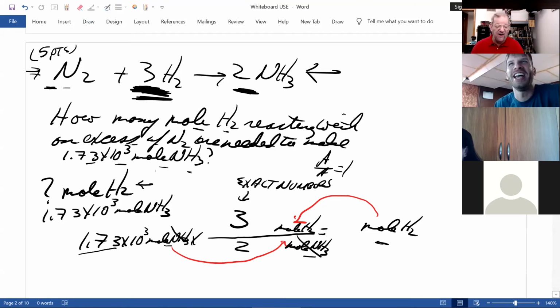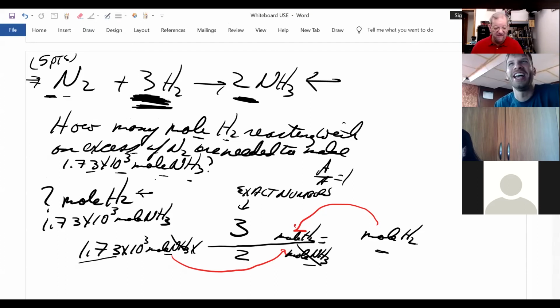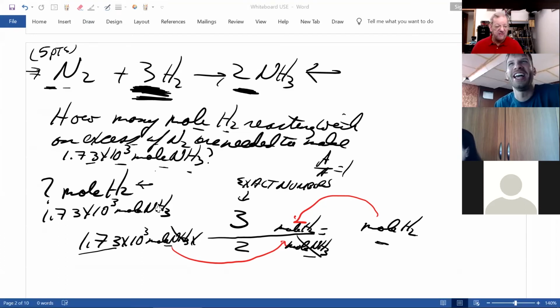And now I'm going to go to my calculator. 1.73 times 10 to the third times 3 divided by 2 gives me this number.